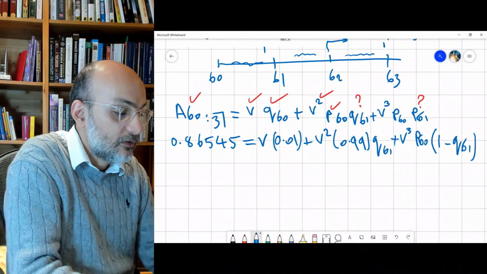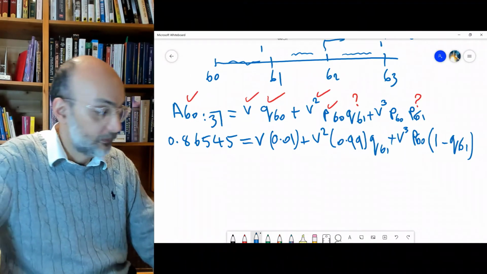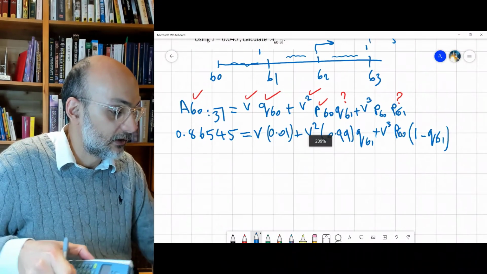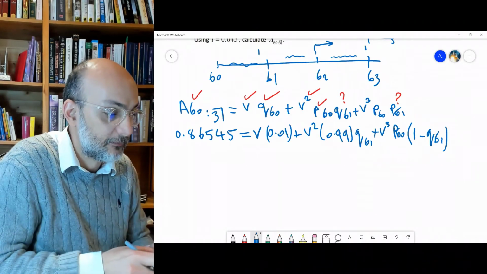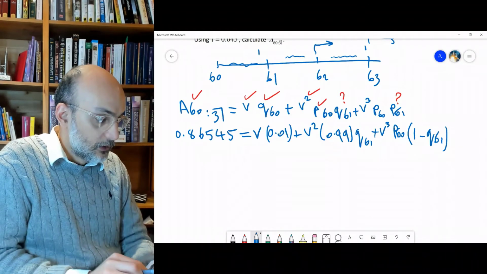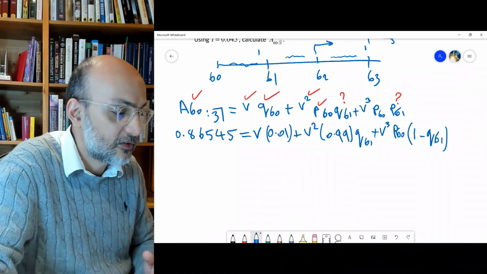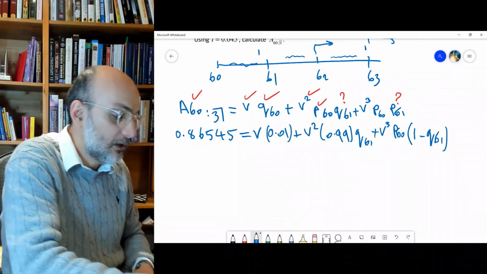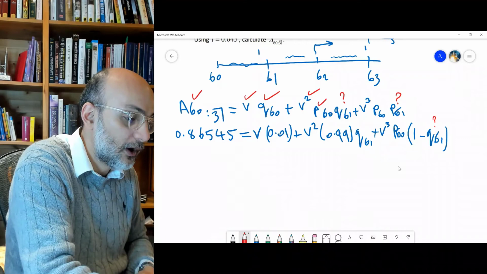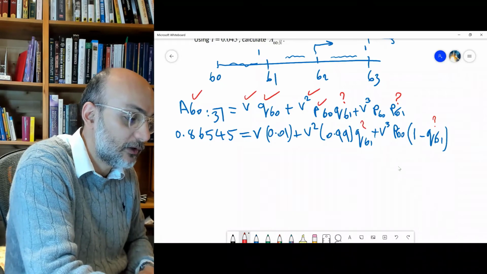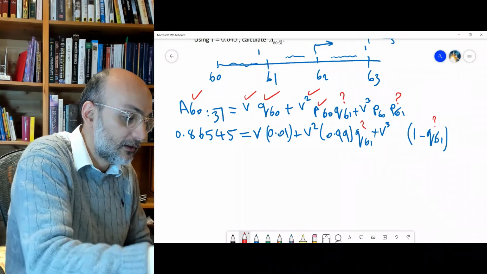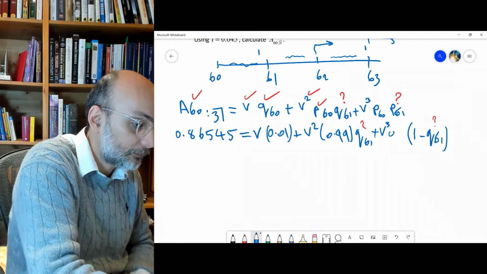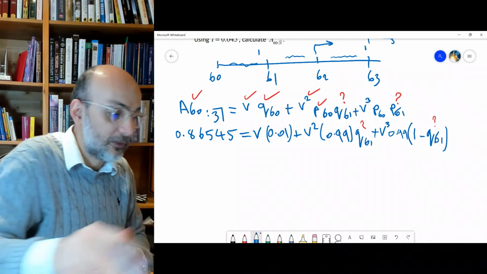Now let's do some calculation. So we need to solve for Q61. You know what, I can give you the answer so we don't waste time. All we need to do, we have one unknown, your X, and everything else you have. P60, actually, you can write it 0.99, not to waste time on this one.